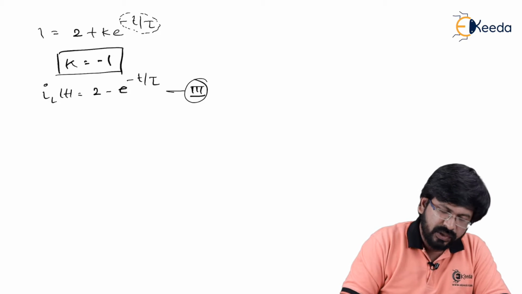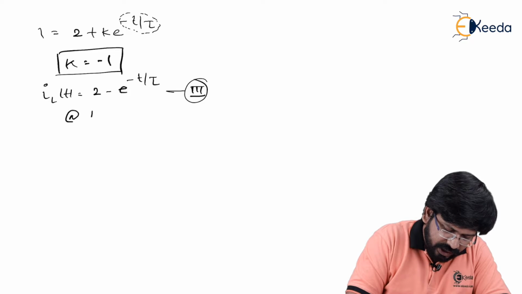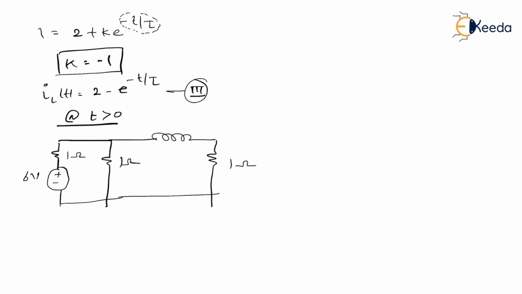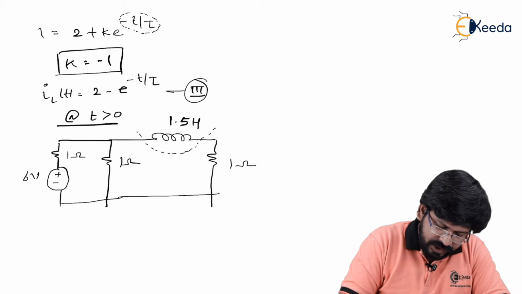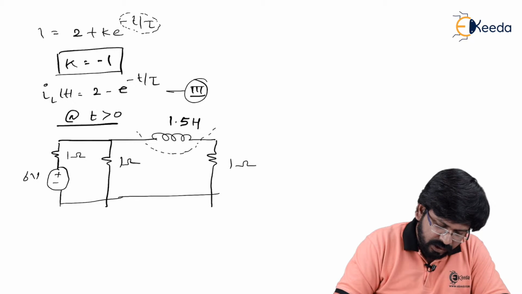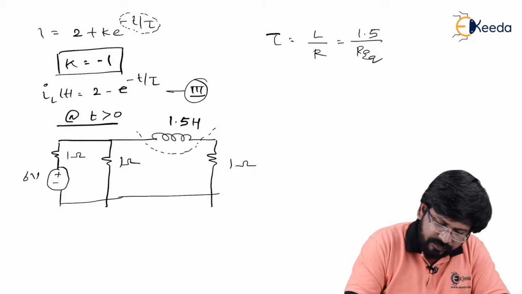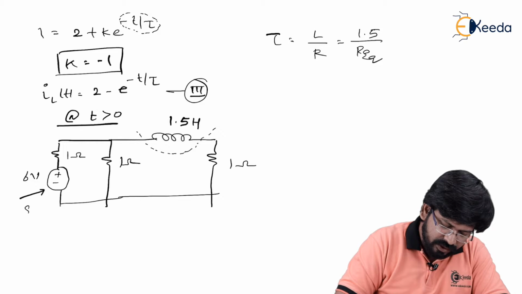Now to get tau, you should have the equivalent circuit for t greater than 0. So you know the fact that at t greater than 0, you had this circuit. In this circuit, we can just separate out this inductor. To get tau, you know the fact that tau is nothing but L by R. So your L is 1.5 and R is R equivalent. How to get R equivalent? You know the fact that we replace the voltage source with a short circuit.